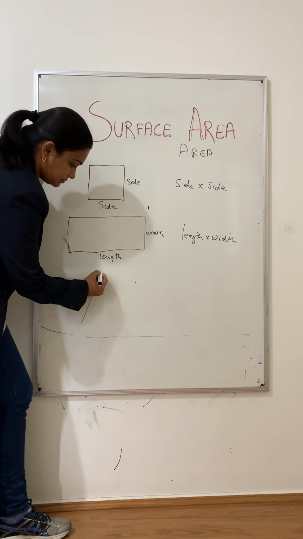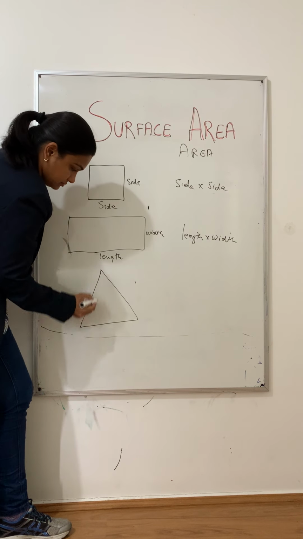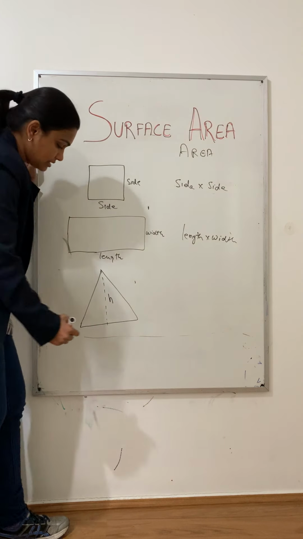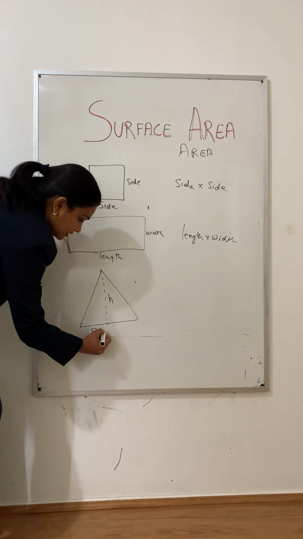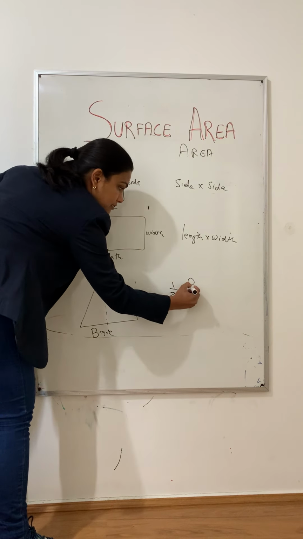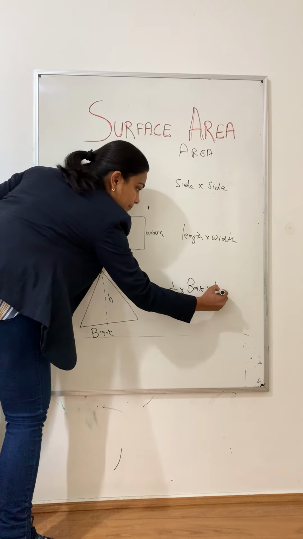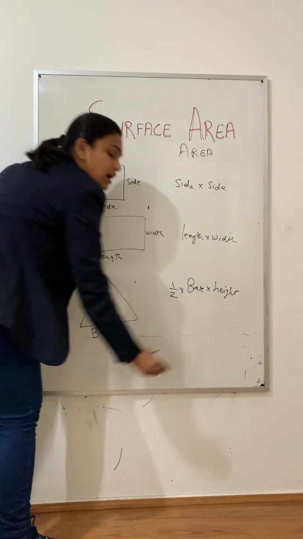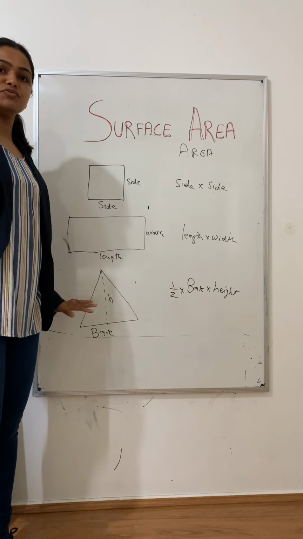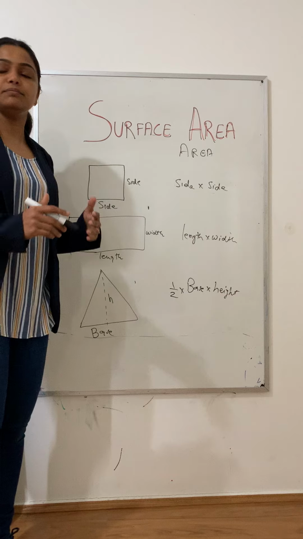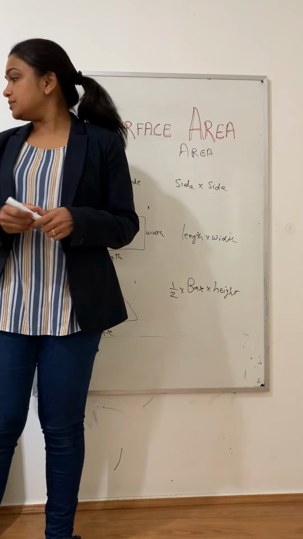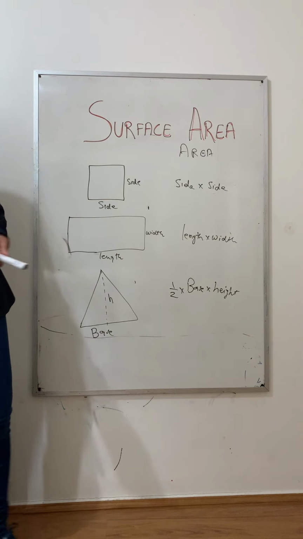A triangle, this is called the height of the triangle and this is called the base of the triangle. Area of a triangle is half times base times height. I'm pretty sure you all know these formulas, but it is just to revise that because we will be using these formulas to calculate the surface area of a triangular prism, a cube and a rectangular prism.